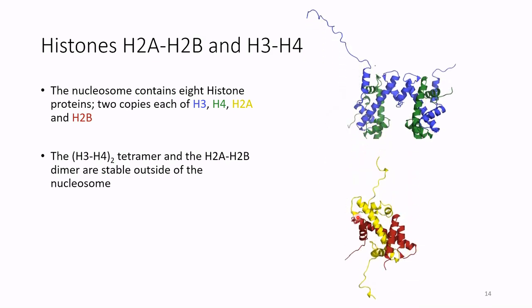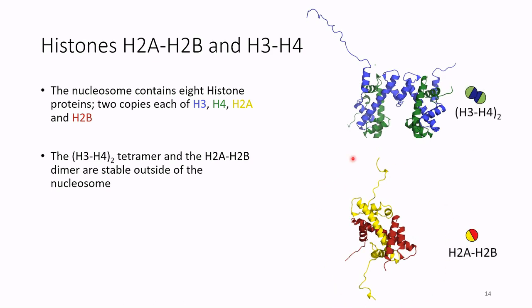Histones can exist as separate entities by themselves and are stable. Histones H3 and H4 form a hetero-tetramer, and we will represent it using this cartoon in the talk. And histones H2A, H2B form a heterodimer, and we will represent it like this throughout the talk.